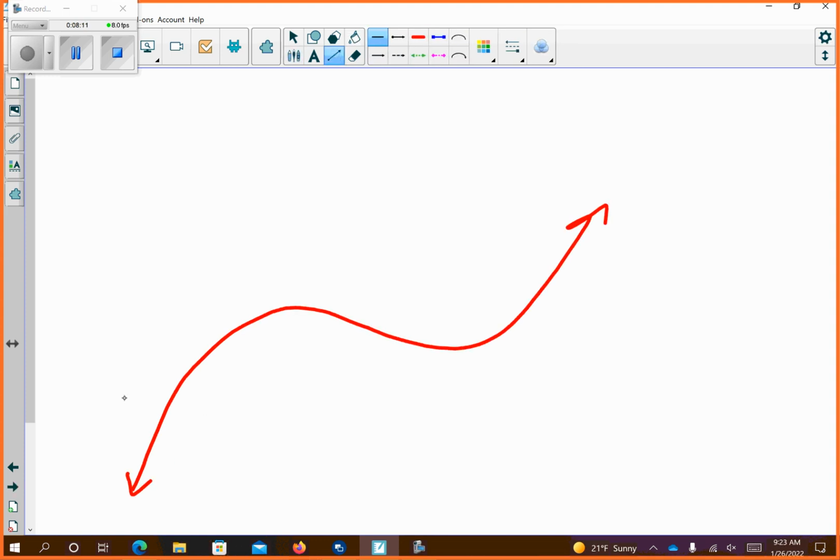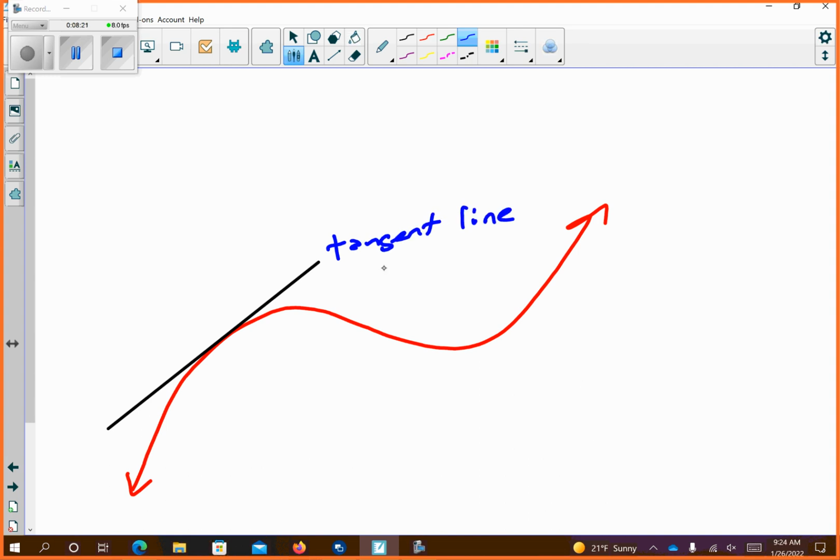And I wanted to find this line. This is a tangent line. It touches the graph one time. Because it's a tangent line, the term line is the important part here.